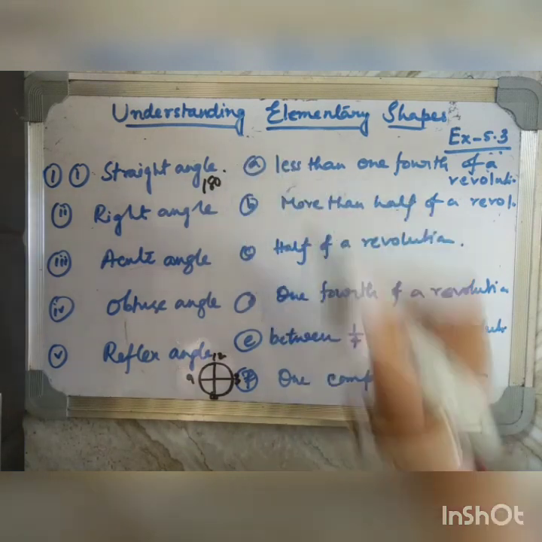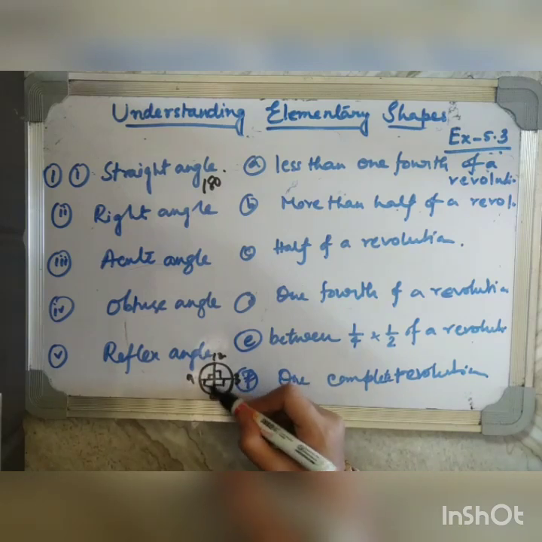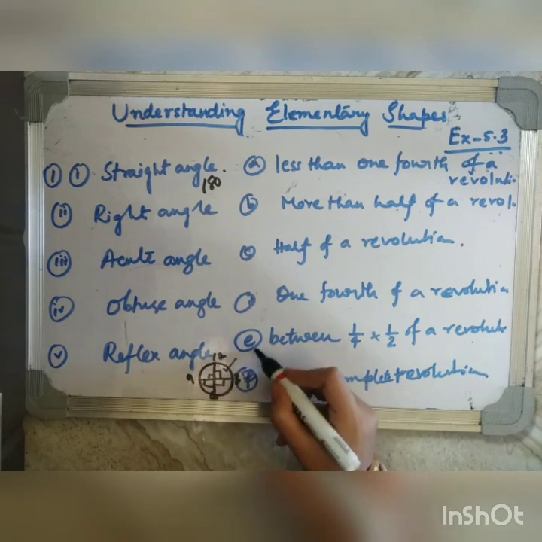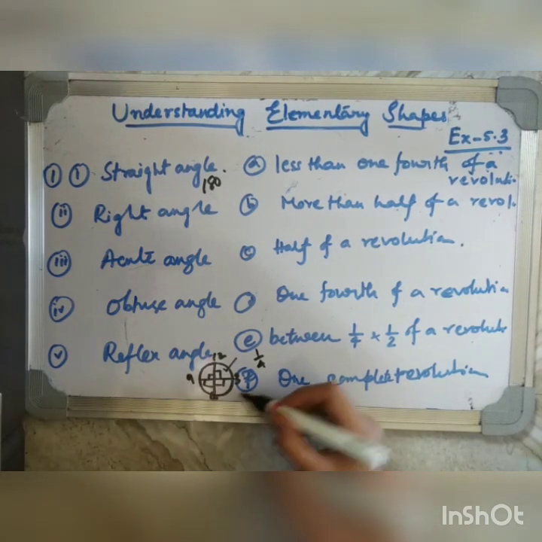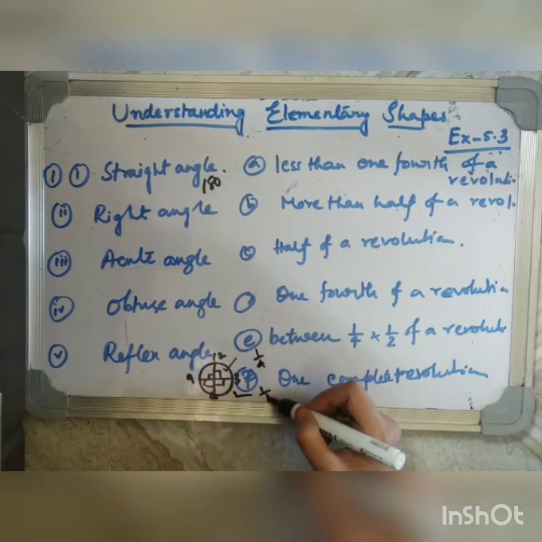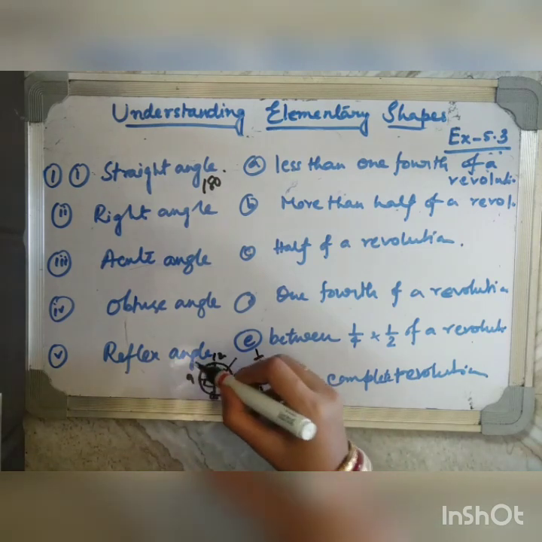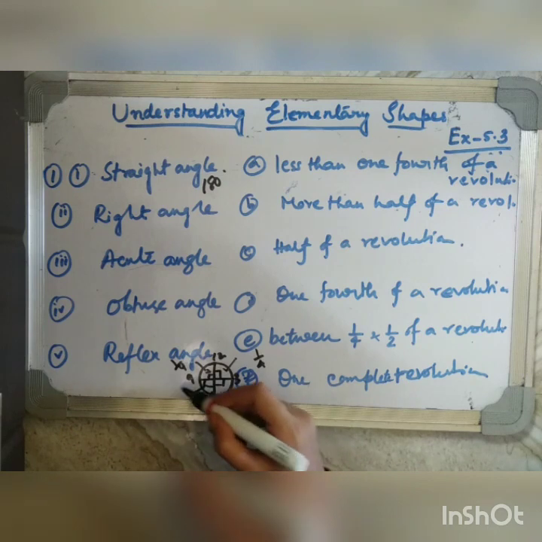We already discussed in my last video that all these angles are 90 degrees. And if we consider this part, it will be 1/4 of the complete revolution. This part will also be 1/4 of the whole revolution, and this part too.